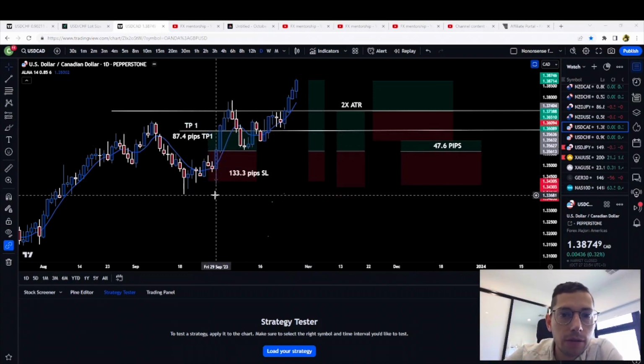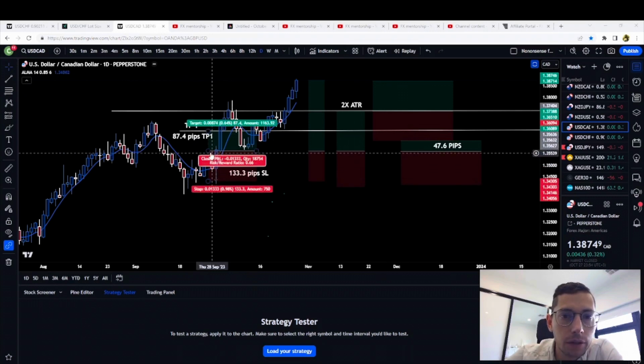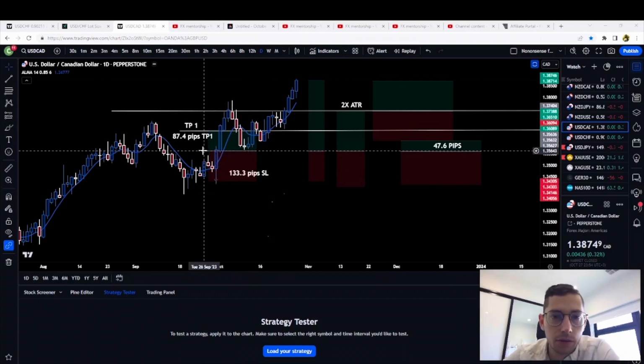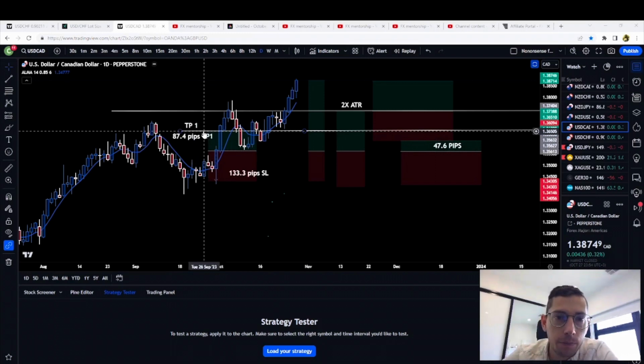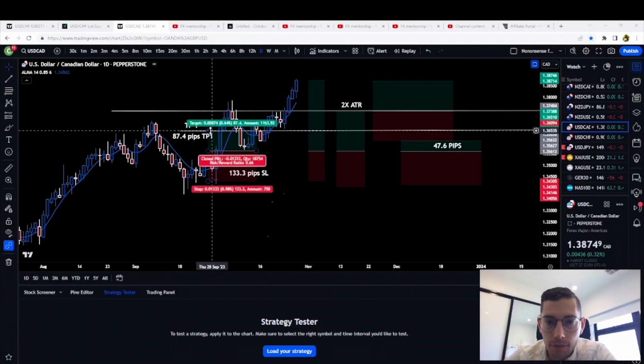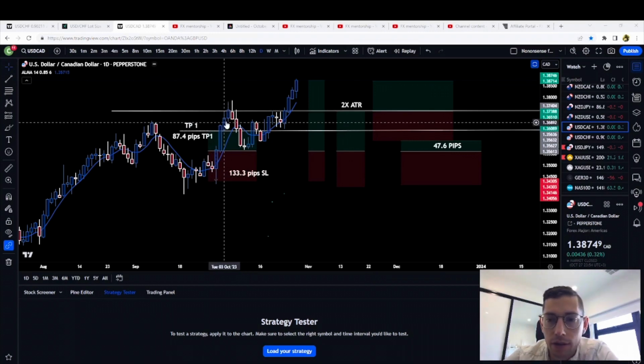We entered off this candle here. All of our confirmation indicators told us go, and we put a 1 times average true range take profit. So we got our 87.4 pips profit. All good. And then the trade actually continued to go further.